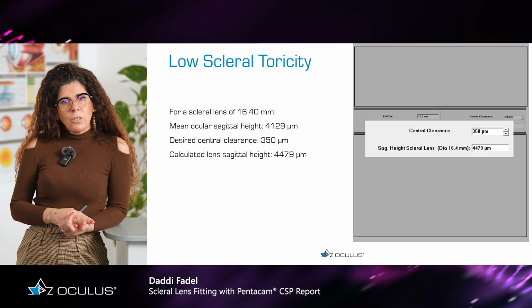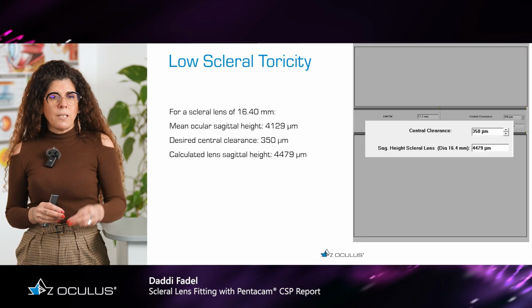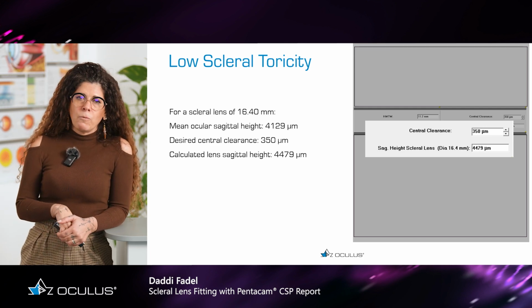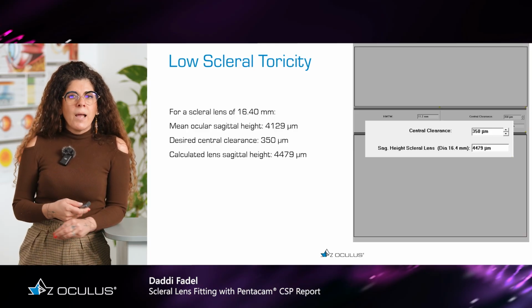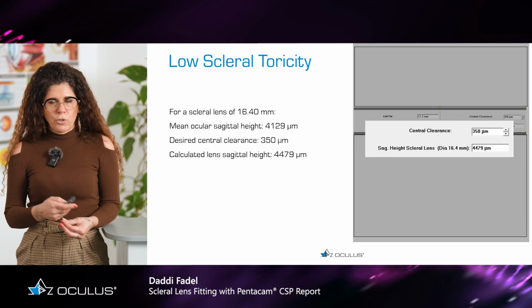In this case, what you need to do is go to your trial set of lenses of 16.4 and pick the lens of 4,500 microns to apply it on the eye. This is how the software helps you in selecting the correct lens from your trial set.